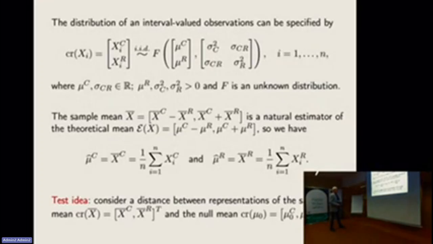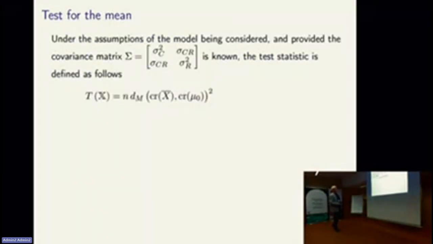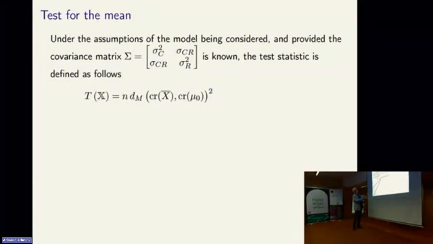Well, and the test idea is to use the distance between this and that, so between these two CR representations. And what do we propose? Let's assume for the moment that we know this covariance matrix. It's not realistic actually, but suppose so. So our idea for the test statistic is to use the square of the Mahalanobis distance between CR X bar and CR mu 0, multiplied by n.